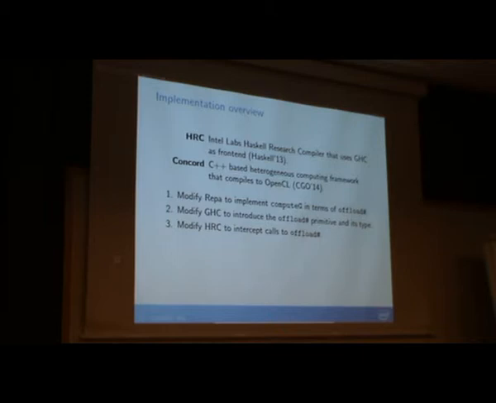HRC invokes GHC first to compile whatever source language to external core. Then we take external core and go through the HRC compiler to turn it into a form that's similar to C. And then we use the Intel compiler to compile it for CPU. In this case, we would like to use Concord to compile it to OpenCL.